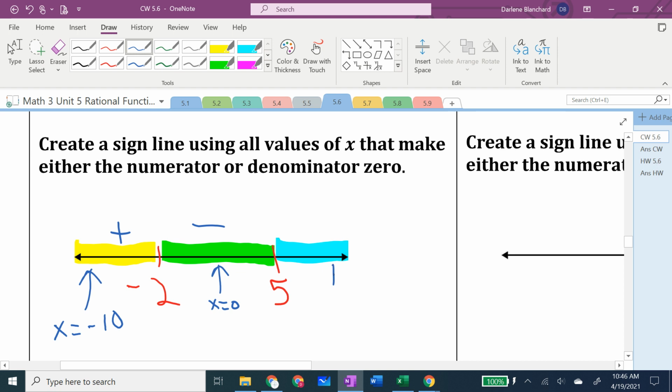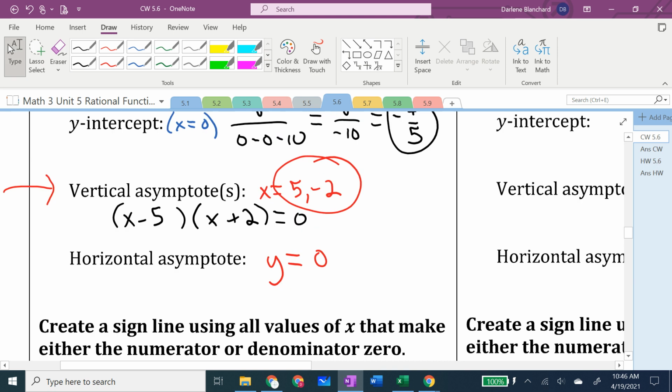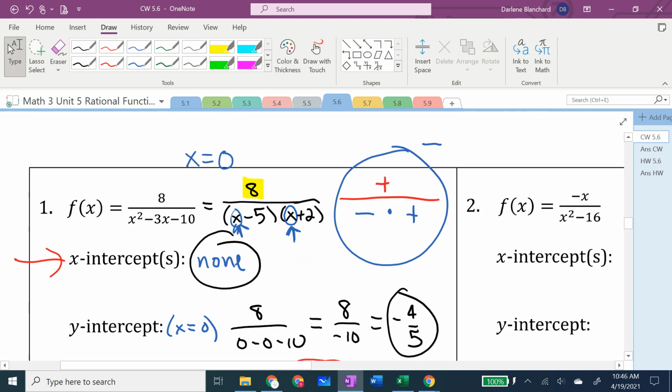And then pick any number larger than 5. I like to go with 10 because it's easy to calculate. With x being 10, 10 minus 5 is positive. 10 plus 2 is positive. Whole fraction is positive.